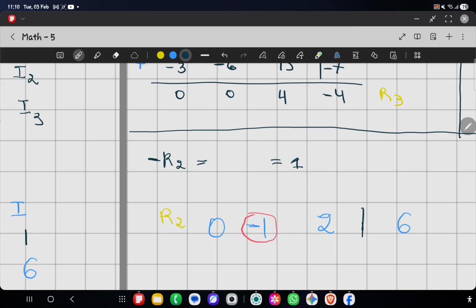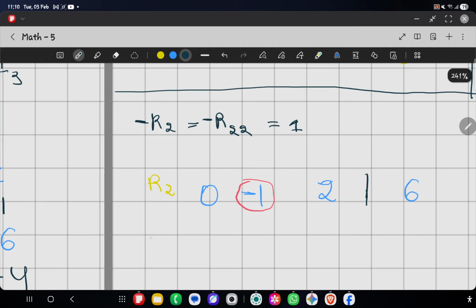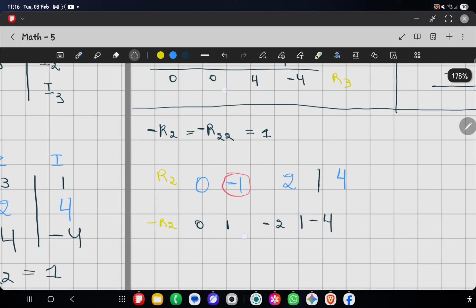So we're going to multiply it by negative, and the focus is actually on row 2, column 2 that you see here. So this is what it's going to give us. If I times this row by negative, row 2 is going to be 0 times negative, we're still going to get 0, 1, negative 2, and then negative 4.